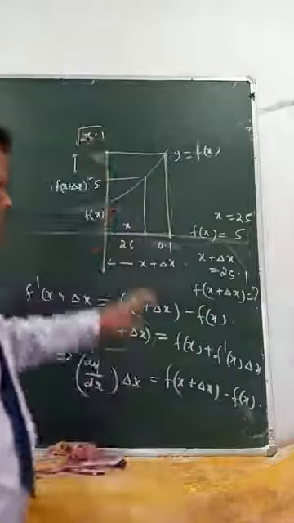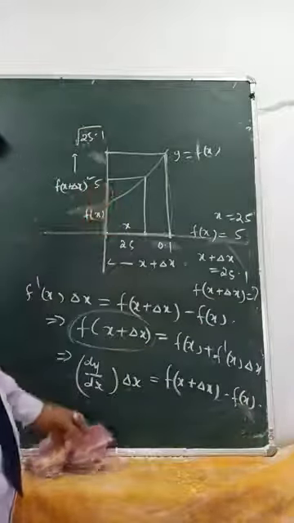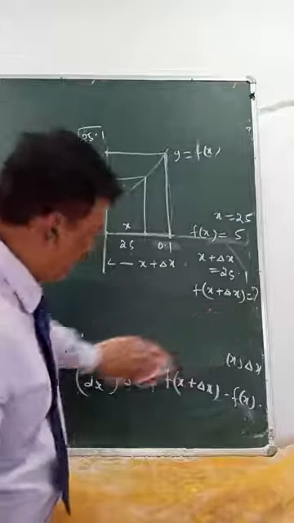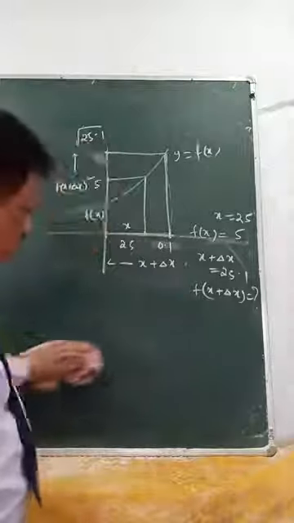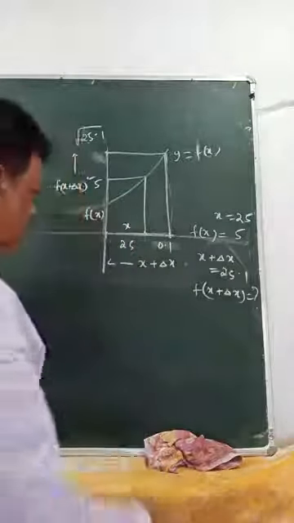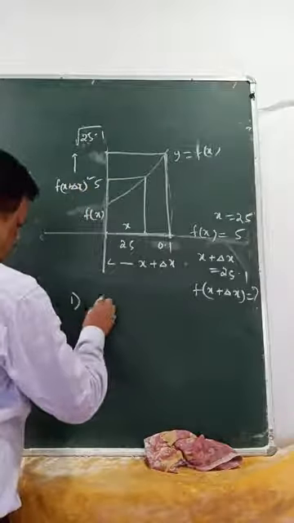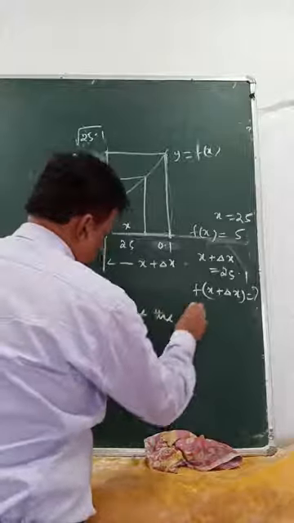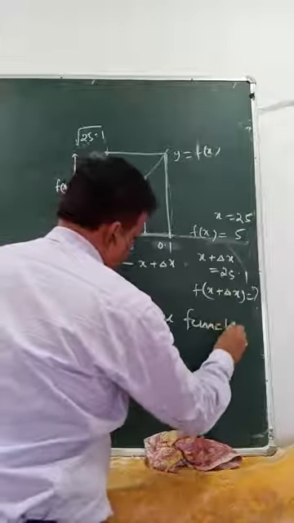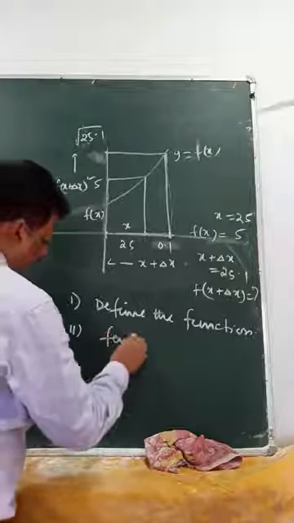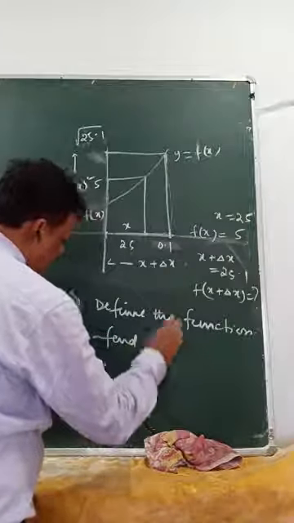So what are the things you have to remember on this? Look at first, what are the algorithm steps you will follow? First, define the function. Second, find delta x.